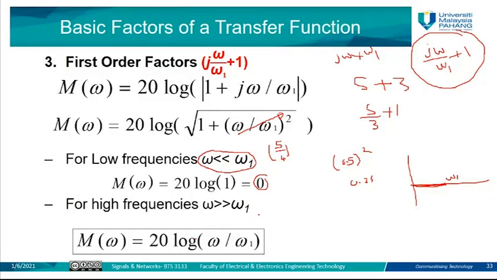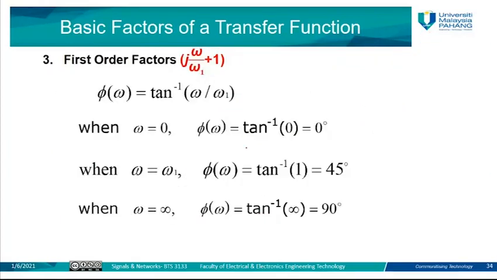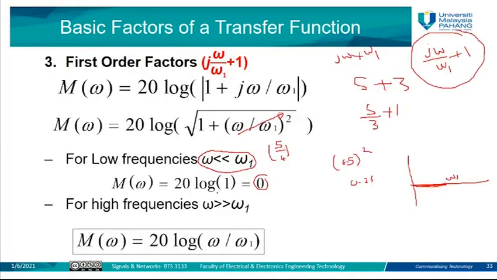So in this case, the magnitude will be 20 log omega over omega 1. At the point omega equals omega 1, it will be 20 log 1, which is 0. After that, if omega equals 10 omega 1, it will be 10 omega 1 over omega 1, so 20 log 10, which gives you 20, for example.